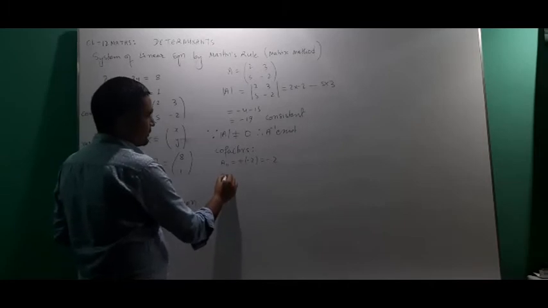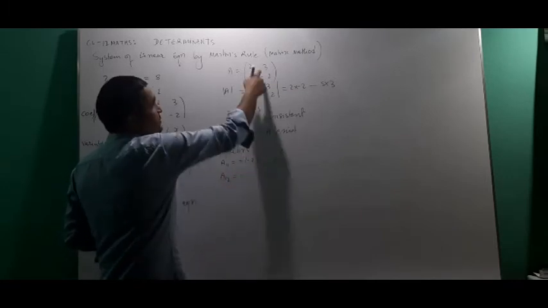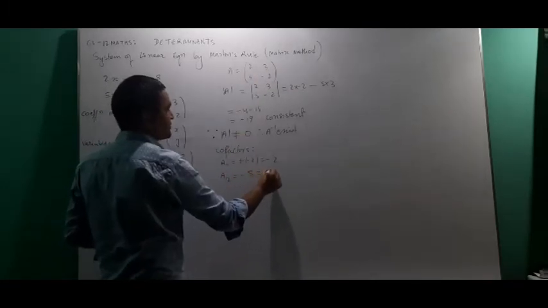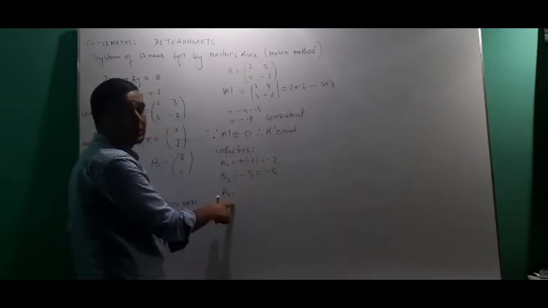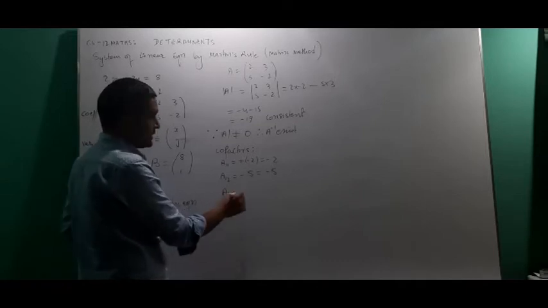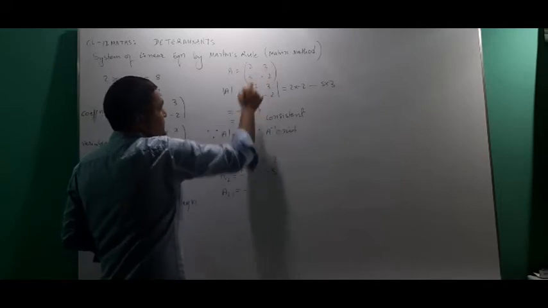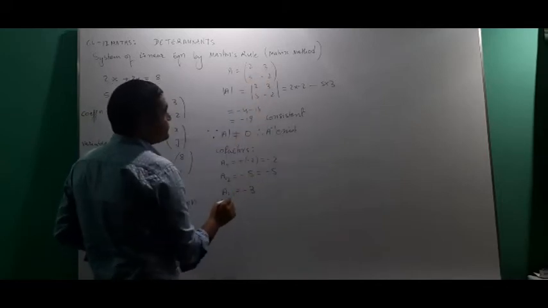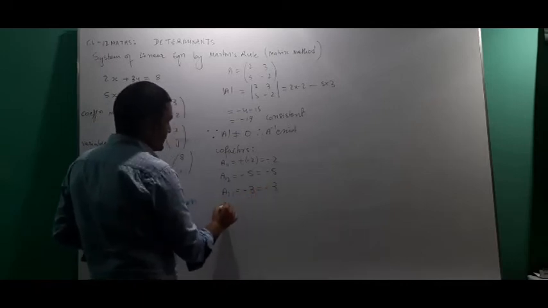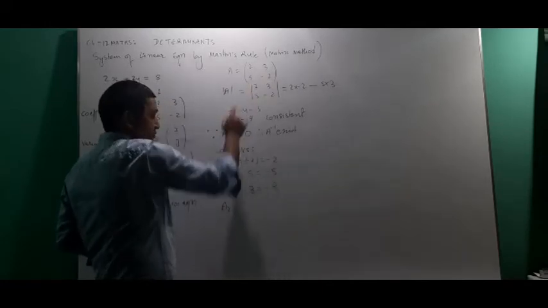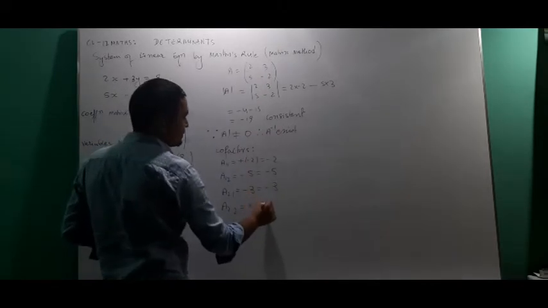Then for position 1, 2, which is odd, odd means minus, the opposite of this is 5, equals minus 5. Then position 2, 1: 2 plus 1 is 3, odd means minus, the opposite is 3, so minus 3. Then A22: even means plus, and the opposite is 2.